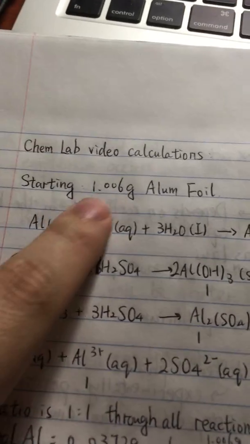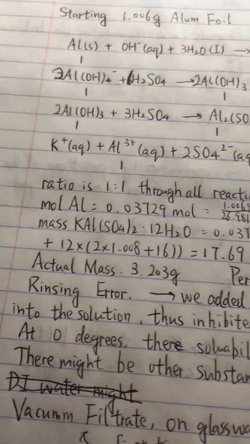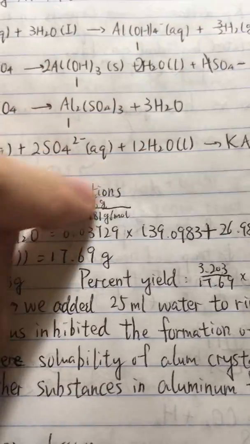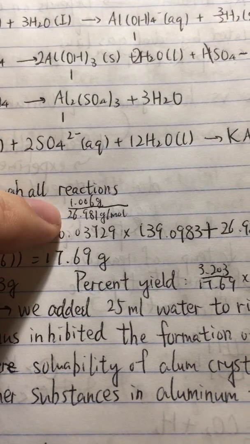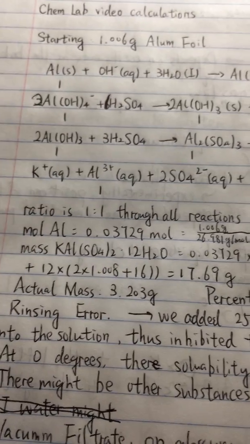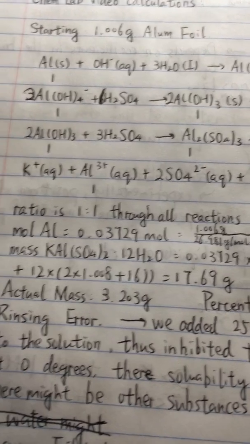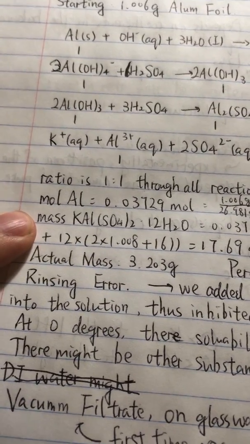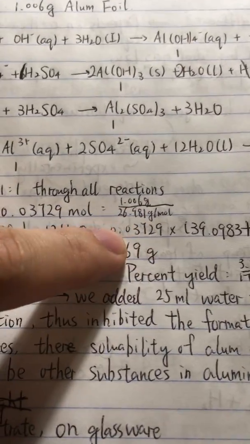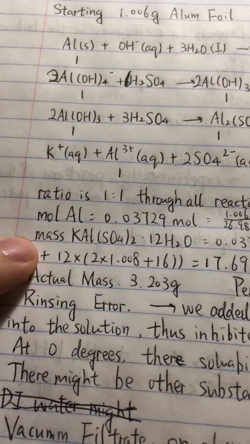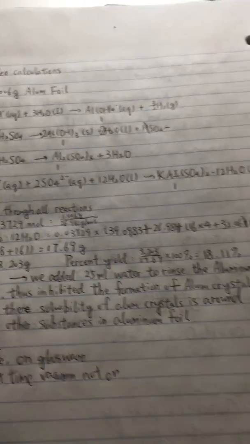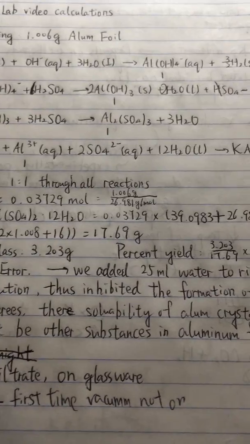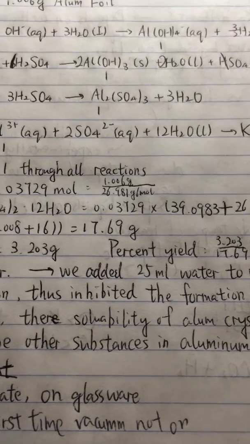In this sense, since we started with 1.006 grams of aluminum foil, and the ratio is 1:1, we calculate the moles of aluminum with the amount of aluminum foil we used divided by the molar mass of aluminum, and then we calculate the mass by multiplying the same moles with the molar mass of the alum crystal, which is this long equation here. And then finally our theoretical yield should be 17.69 grams.